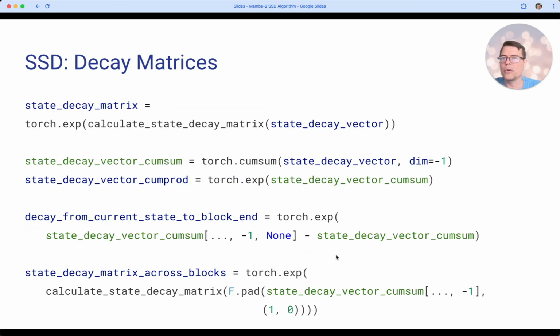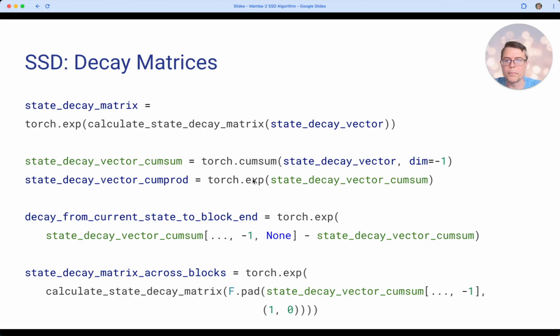All right, so then we calculate each of the decay matrices. These all get used at different stages of calculating the state or the output. You can see here that we call the seg sum or calculate state decay matrix algorithm that we just looked at. We give it the state decay vector, and then we exponentiate to go from log space back to normal space. You'll see a bunch of places where we do this exponentiation.